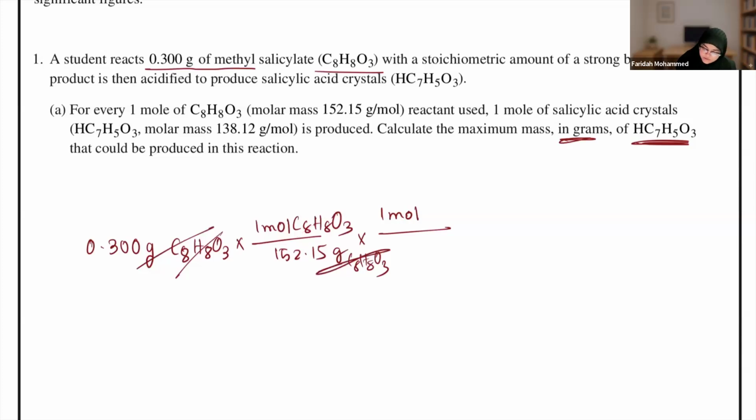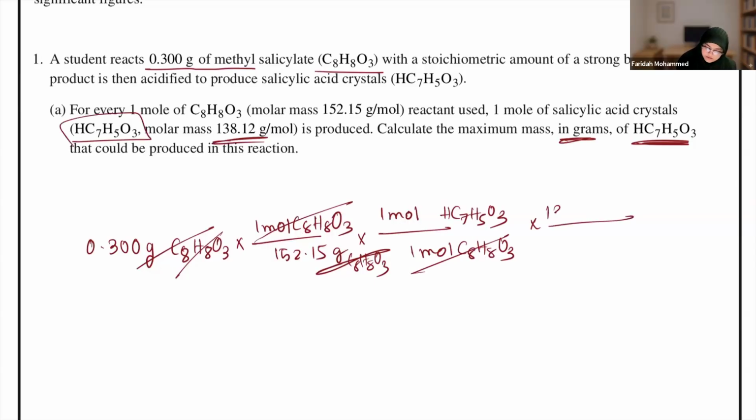One mole of HC7H5O3, 1 mole of C8H8O3. This cancels out, and then you have to find the molar mass of the salicylic acid, which is given as 138.12 grams over 1 mole.